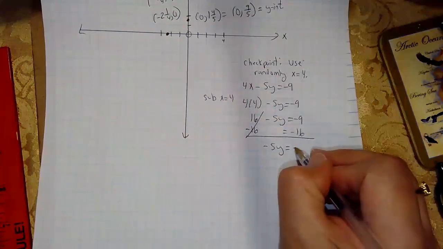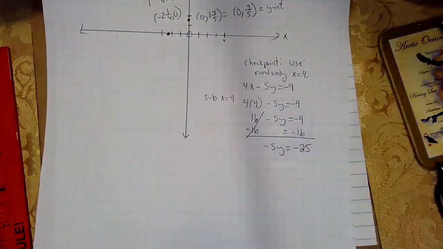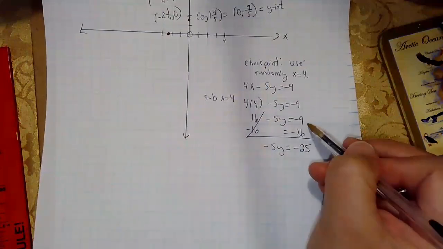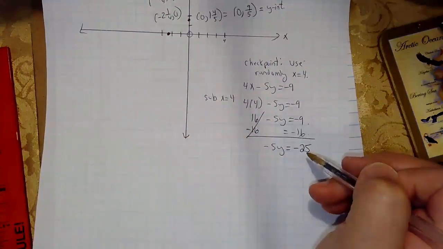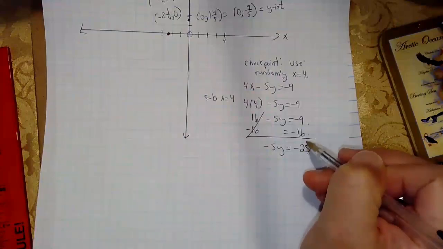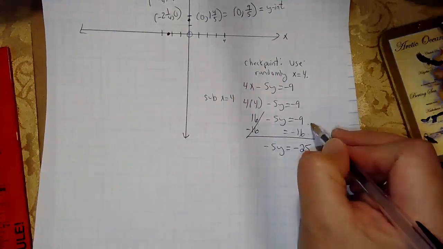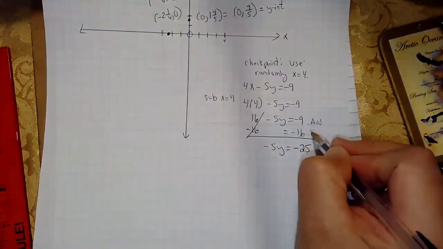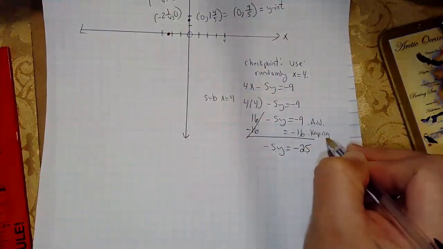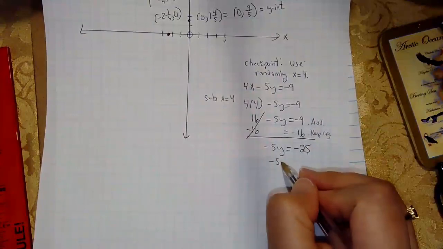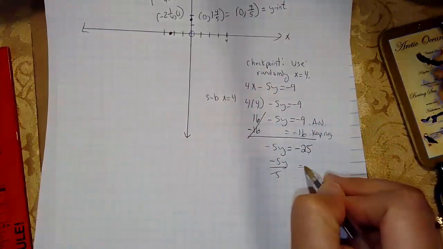Okay, so that worked out nice. You owe somebody 9, you owe somebody 16, now you owe them 25. So you keep the negative, you add, keep the negative. And then now I'm going to divide by -5.